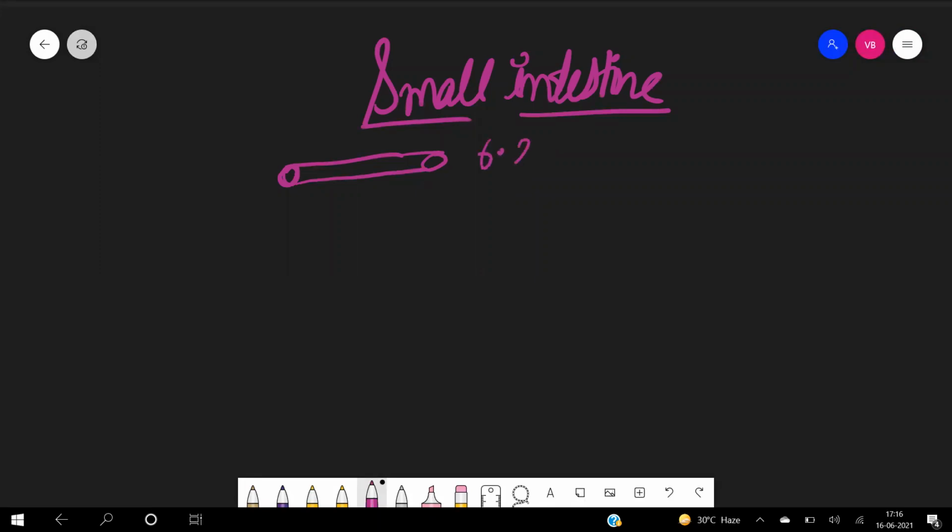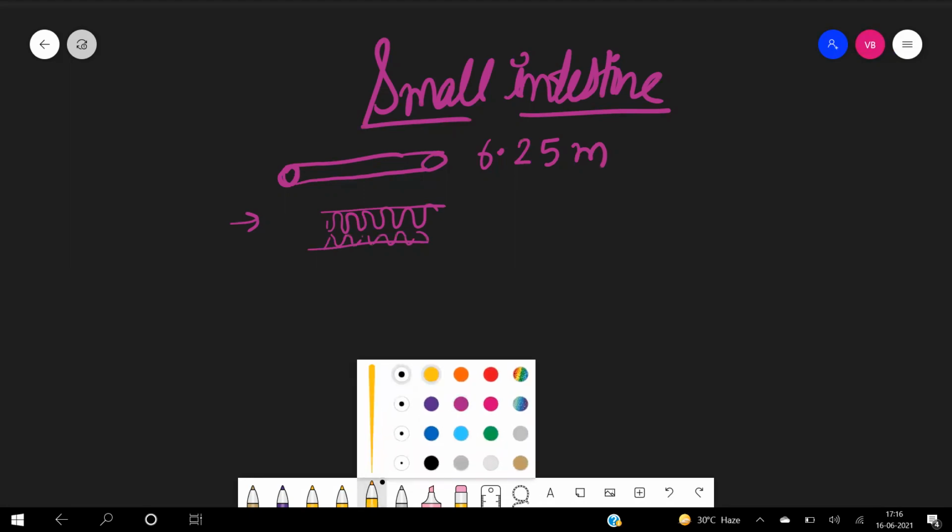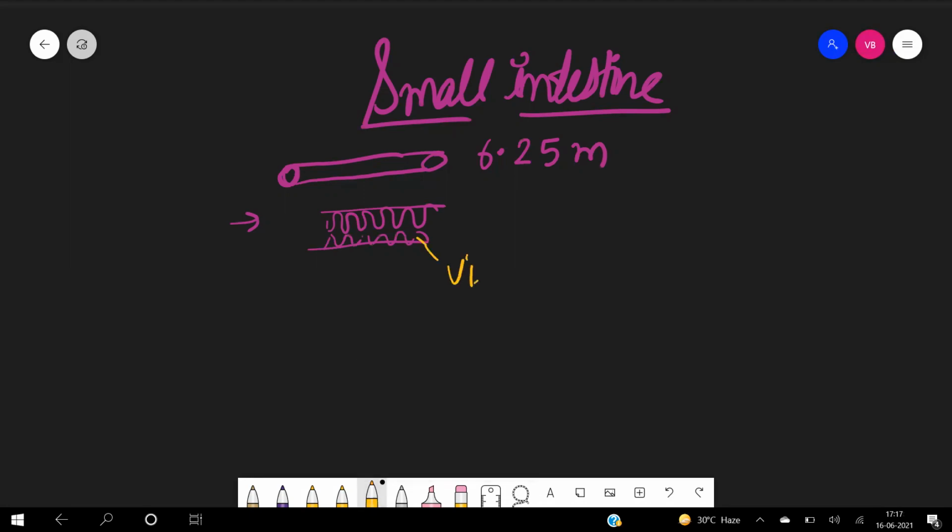Its length is approximately 2.5 meter. And it is very much coiled and present inside a particular area. If we take a cross section of small intestine, you will see that it has many folds. These folds are known as villi.